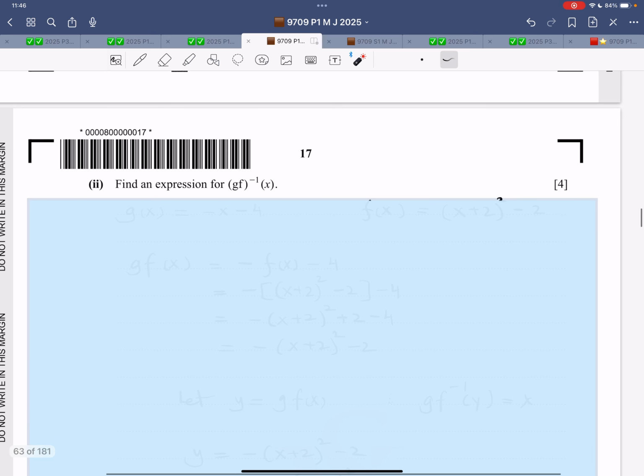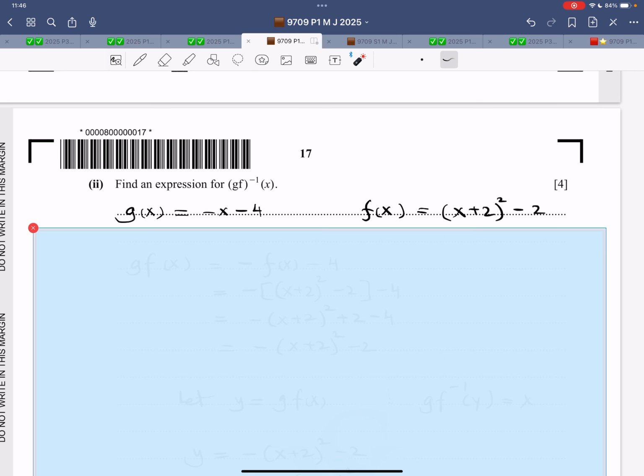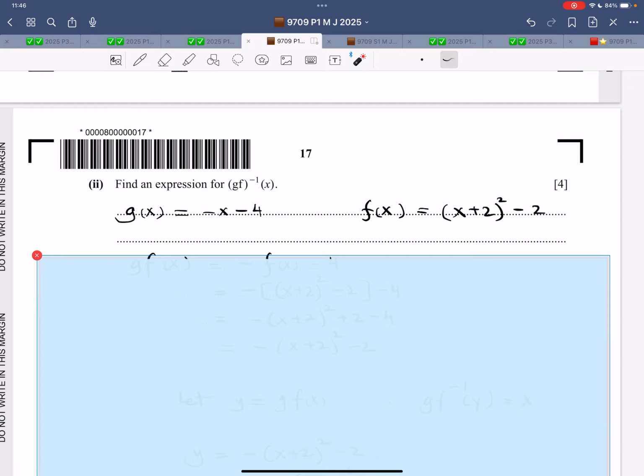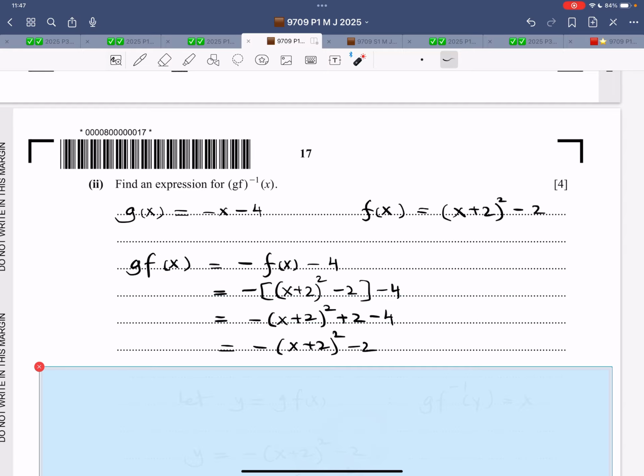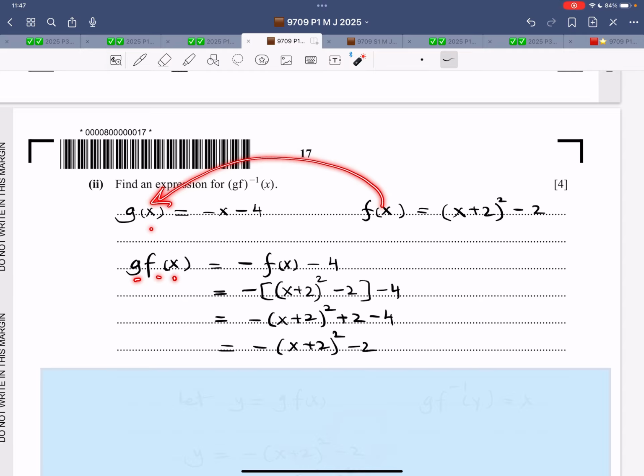Find an expression for gf, the whole thing inverse. Now first of all, g(x) is given, we are given f(x), and first let me find gf(x). What does gf(x) mean? That means f(x) should go in place of x. gf(x), composite function. So that is negative x, negative 4, negative f(x), negative 4.